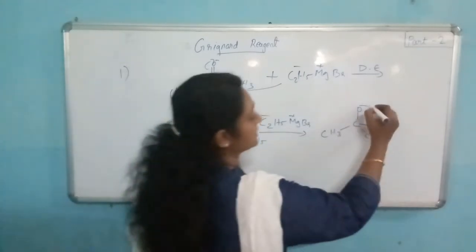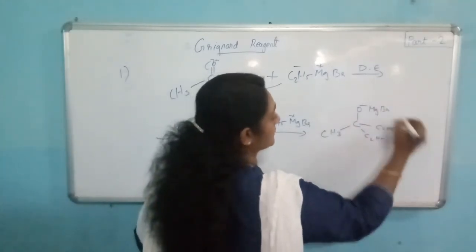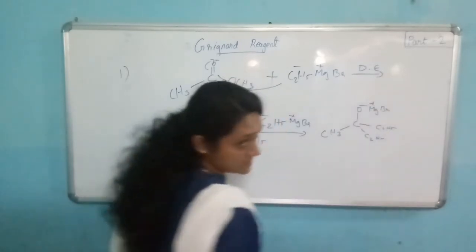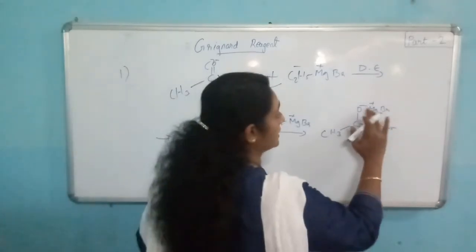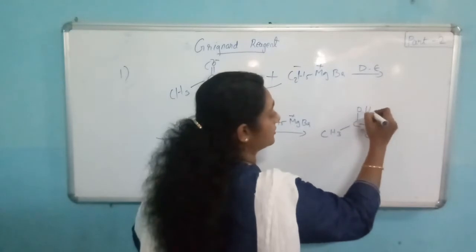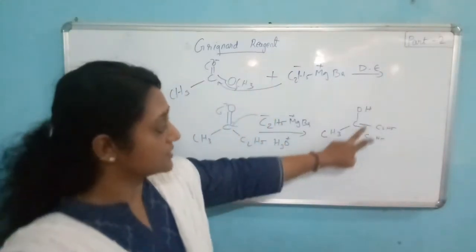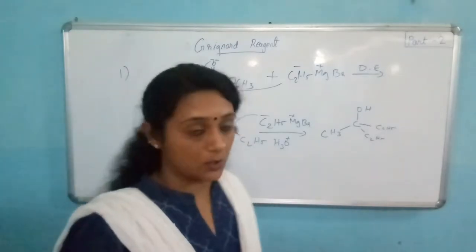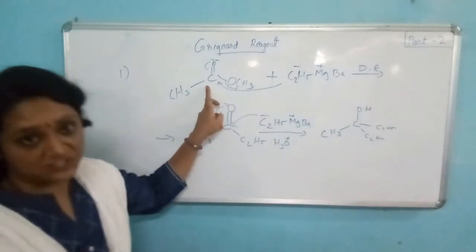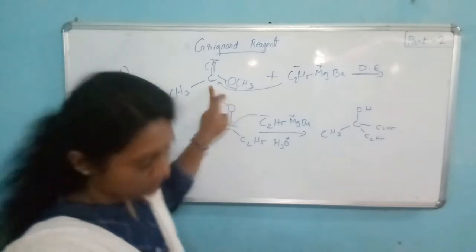Then MgBr comes here. And our next step, hydrolysis. After hydrolysis, hydrogen is added on here, thus we get a tertiary alcohol from ester other than formate ester.